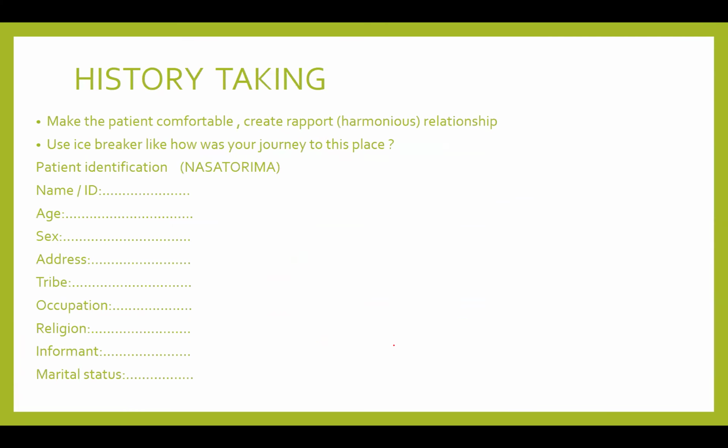As in other fields, when you're taking history from a patient, the very first important thing is to make the patient that we're talking to very, very comfortable. You're doing this to create a very good rapport, a harmonious relationship with this patient, such that they can open up and tell you what exactly the problem is.